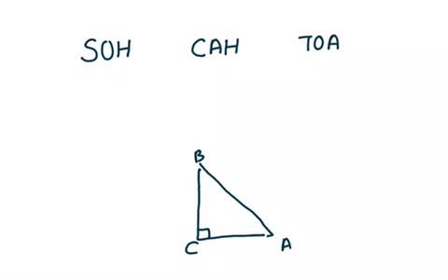S is the sine ratio, C is your cosine ratio, and T is your tangent. These are the three ratios you're going to learn today.